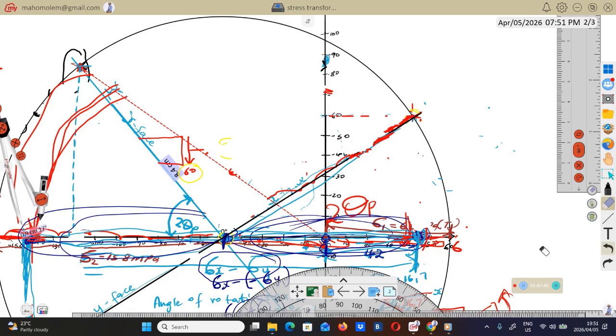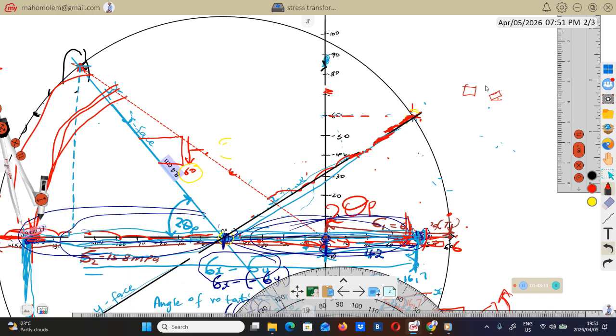Right, let's check maximum shear stress. So remember, we're going to rotate this thing. You will find that when we rotate this element by a very small angle, the normal stress and shear stress at this angle will be represented by this point.